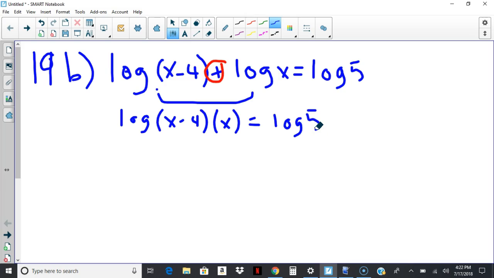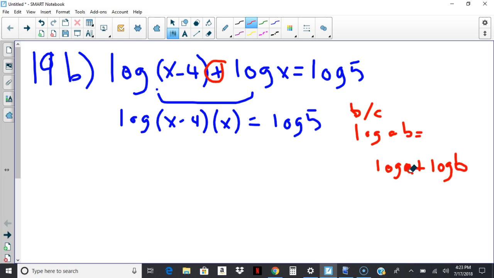Okay, and that was because we know that log of a times b is equal to log of a plus, well, it's supposed to be a plus, log of b. Alright, sorry my stylus is not the best, but hopefully you get the gist there.